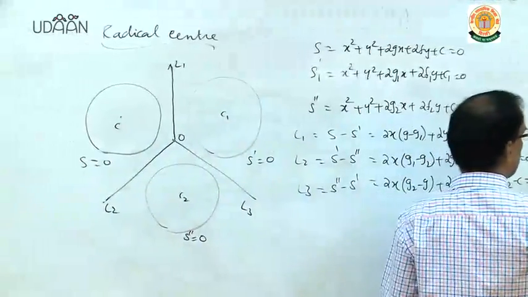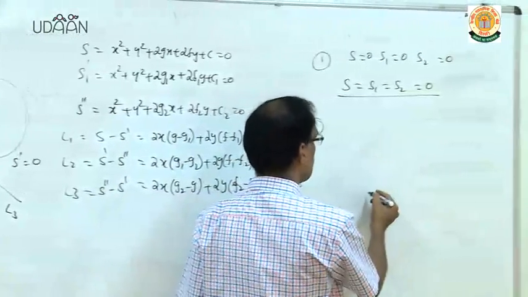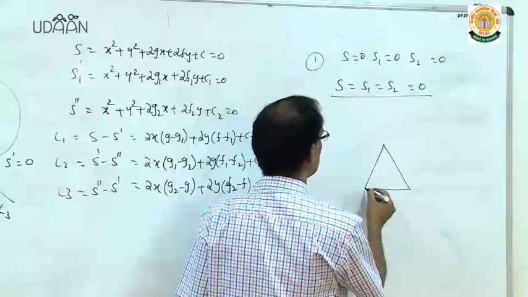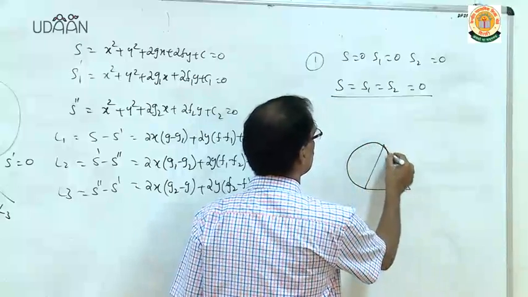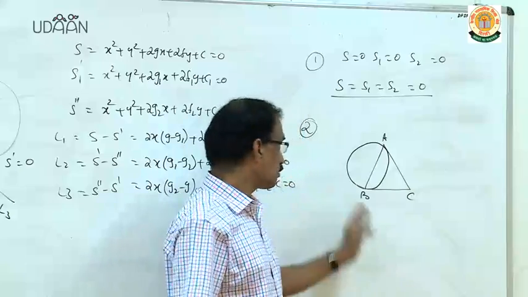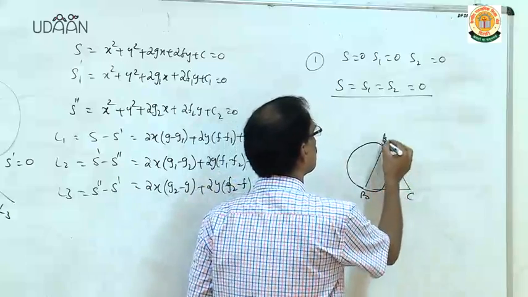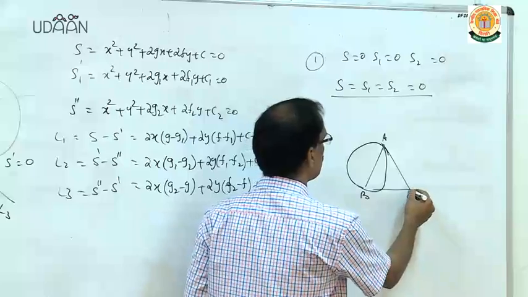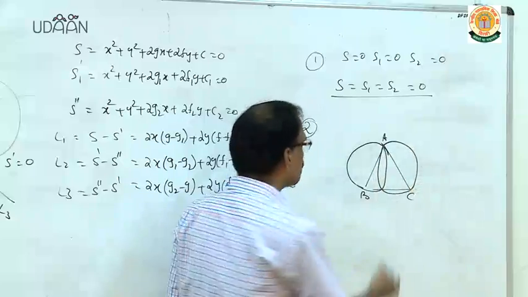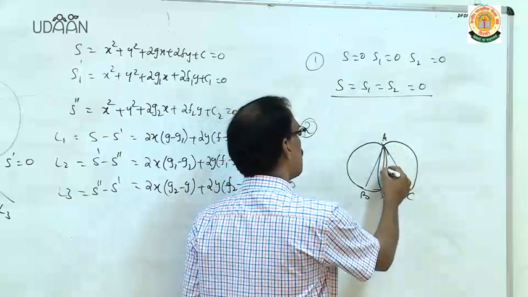Then the second one: if you have a triangle ABC, and two circles are drawn with AB as a diameter and AC as a diameter that meet at D here, then we can say that AD is the altitude.